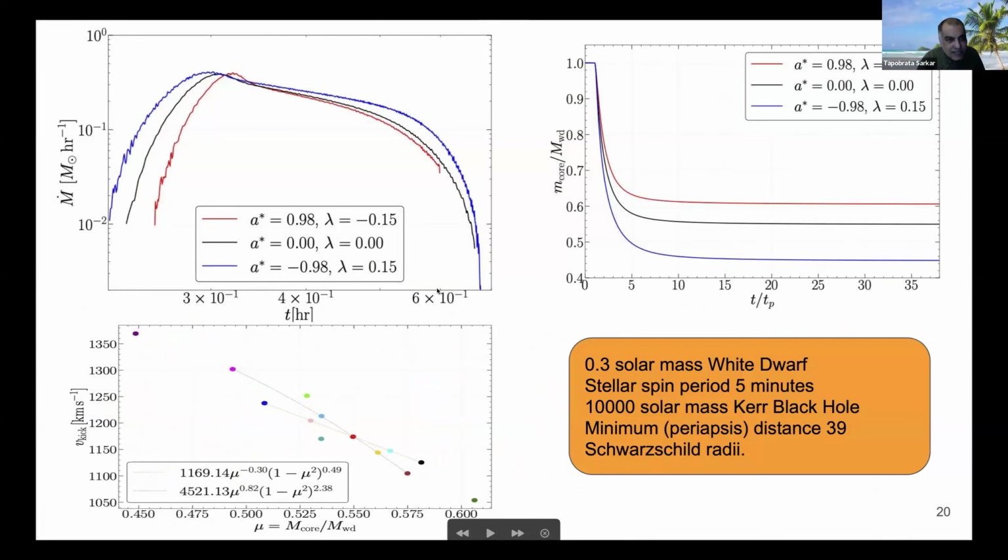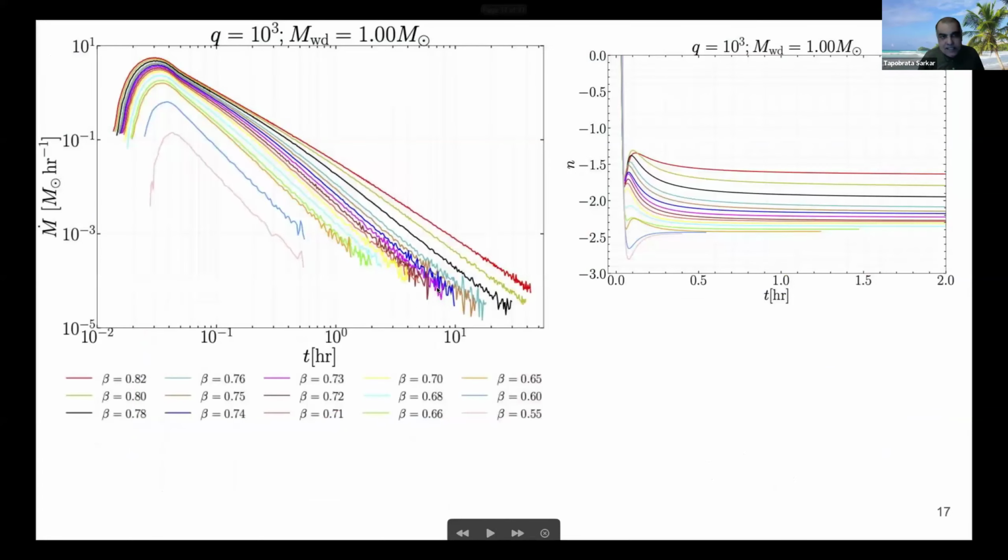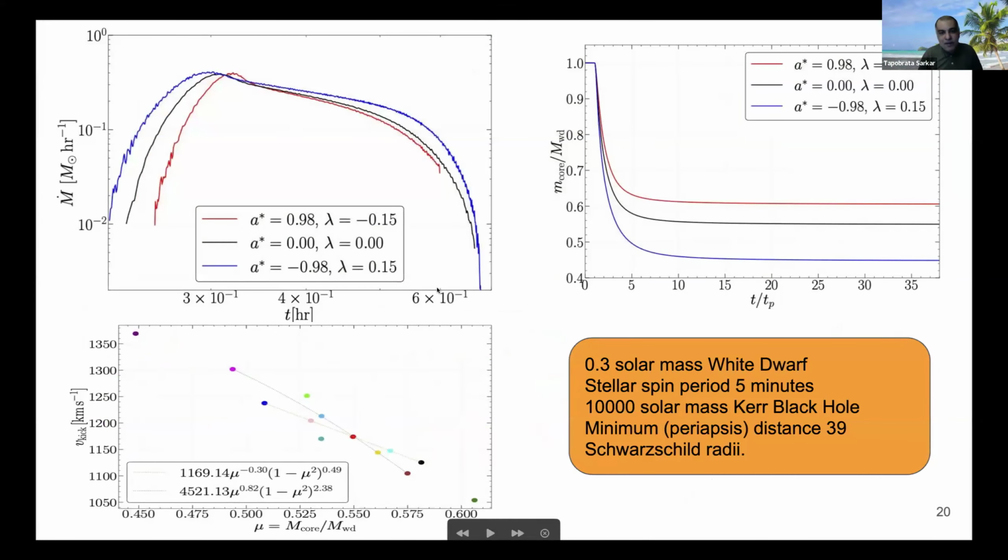And here you go, you see the fallback rates, what I showed you a couple of slides back. This is basically the fallback rate for a parabolic orbit from an intermediate mass black hole of 10 to the power 3 solar masses. This is the fallback rate from an elliptical orbit, where we have taken a 10 to the power 4 solar mass black hole.